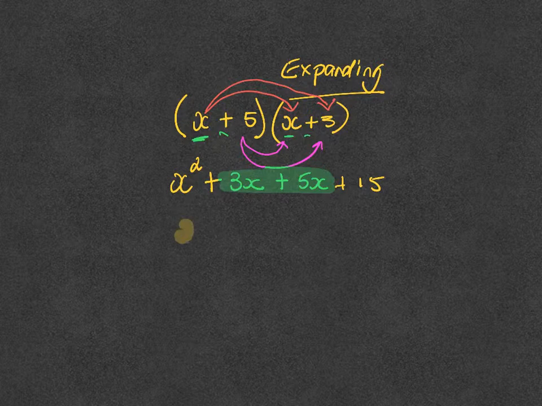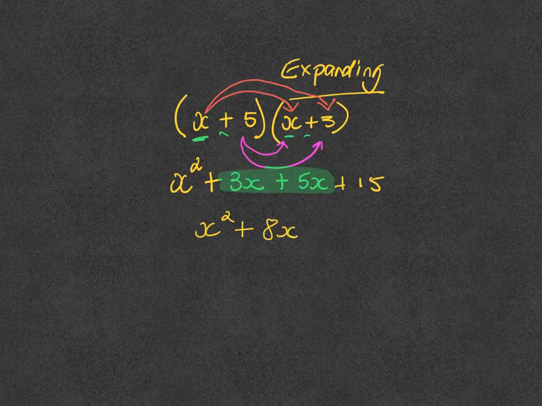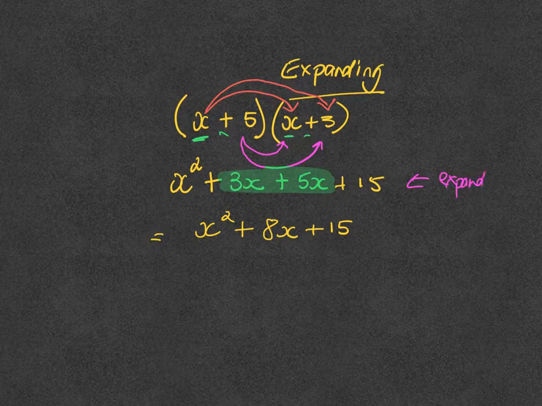So now it'll be x squared plus 3x plus 5x. So 3x plus 5x is 8x plus 15. So it is here that we expanded, and it is here that we simplified.